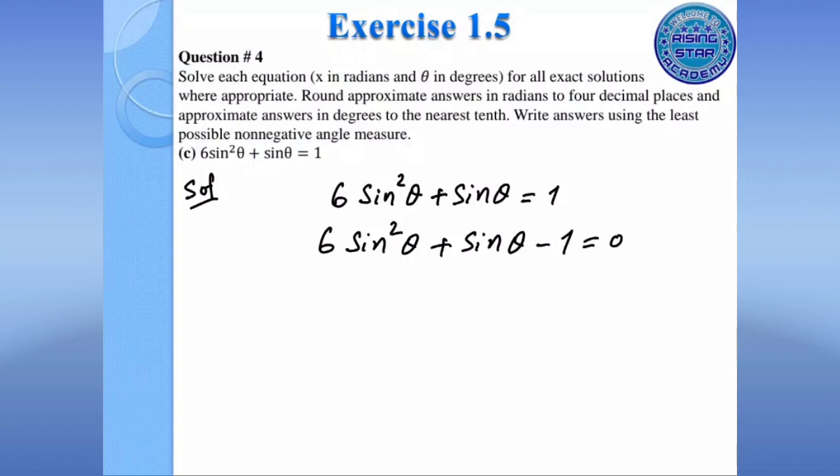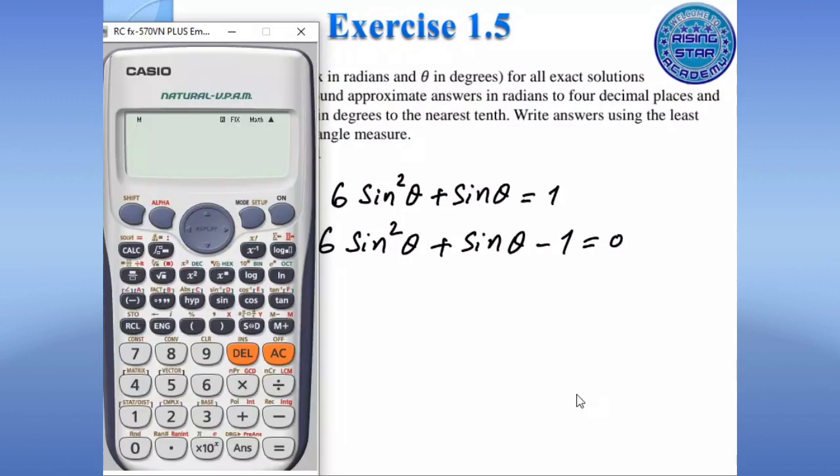Now I will use the calculator to factorize it, or the other way around, you can make the factors as well by breaking the middle term. So here you can see our A value is 6, B value is 1, and C value is -1.